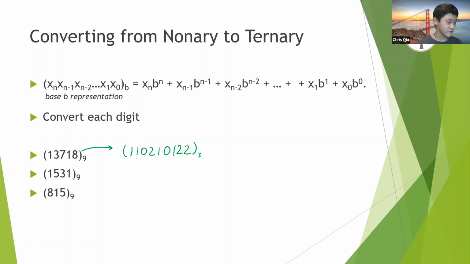And for 1, we just have 1. So what we did here was we converted each digit from base 9 to base 3. Are there any questions about this? It's mainly the same idea as converting from base 8 to base 2 or base 4 to base 2. And we can do the same thing but backwards to convert from base 3 to base 9.